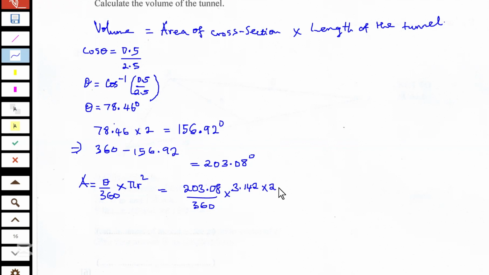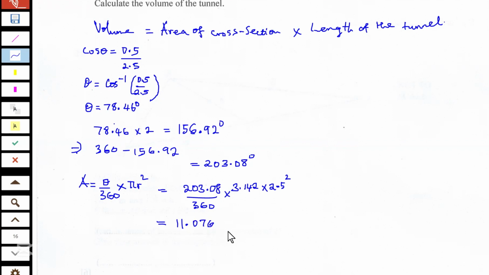squared. So you have to multiply by 2.5 squared. Now, using your calculator to multiply this, you're going to get 11.076.